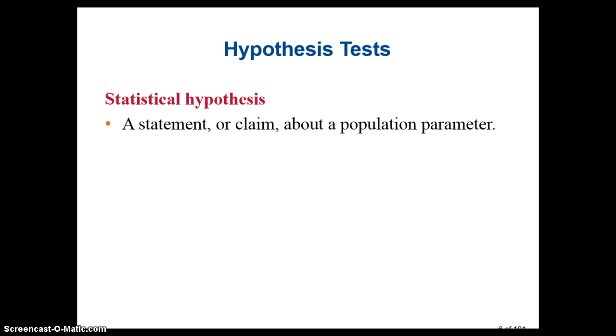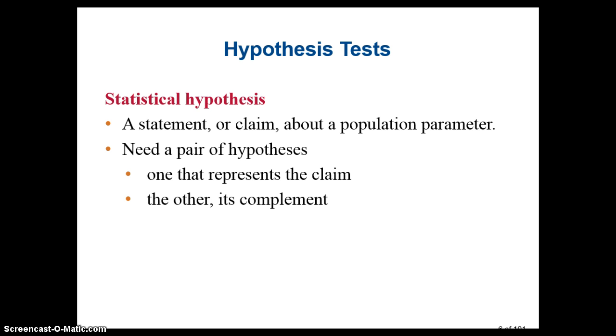So a hypothesis that you make in statistics is basically just a claim or a statement about a population parameter. That might be either a population mean, which is mu, or it could be a population proportion, which we'll talk about later. When you make hypothesis statements, there's always going to be two statements.